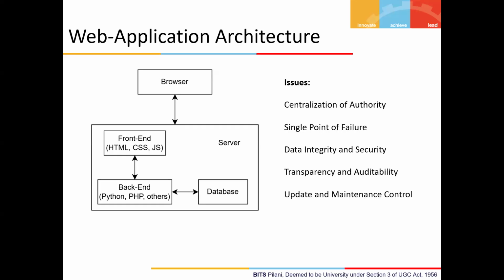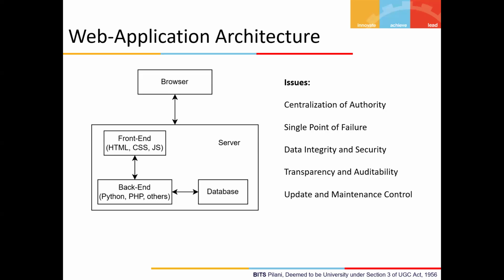So what could be the issues with this centralized web application architecture? One is the centralization of authority, obviously, because there is only one organization maintaining this whole server, right? The second one is single point of failure. Third one is data integrity and security.